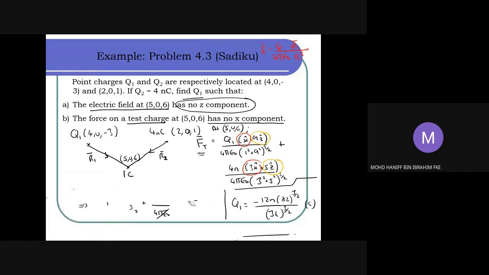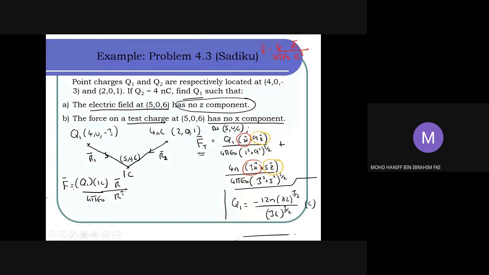For the force equation, if we recall, I have to sketch the diagram. So we have these two things: Q1 and the charge of 1 coulomb. From the equation of force, we have F, the force on 1 coulomb from Q1, which is Q1 multiplied by 1 coulomb divided by 4 pi epsilon naught times R vector over R to the power of 3.